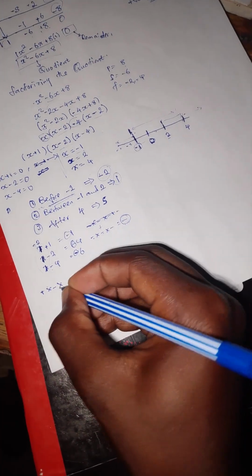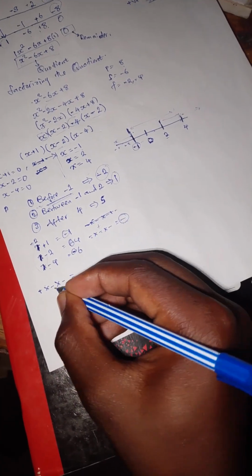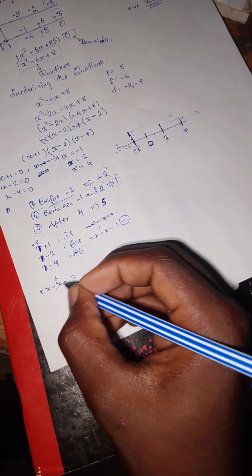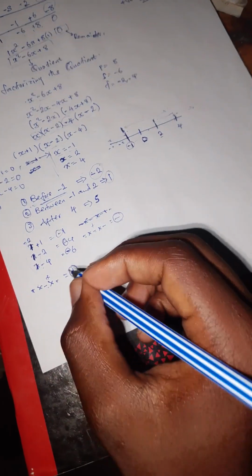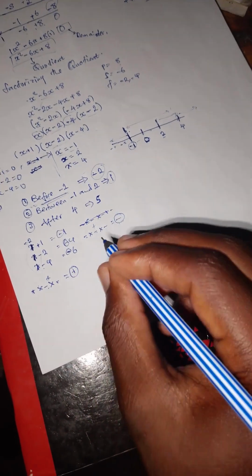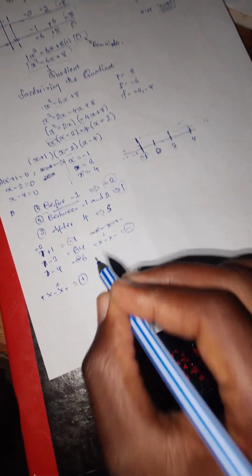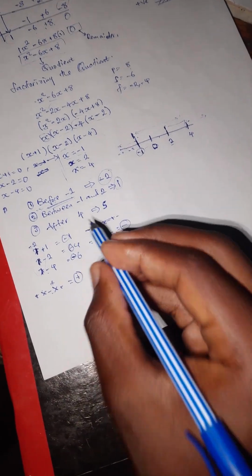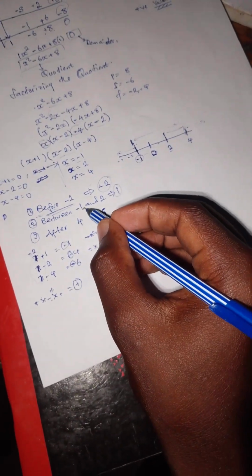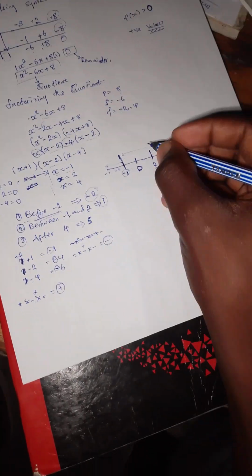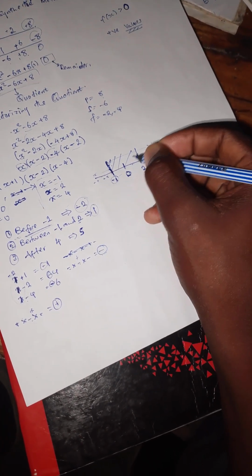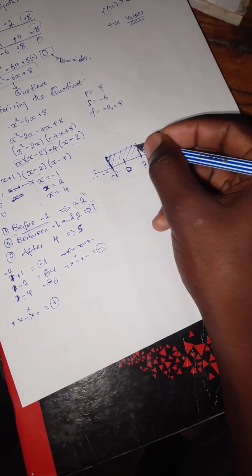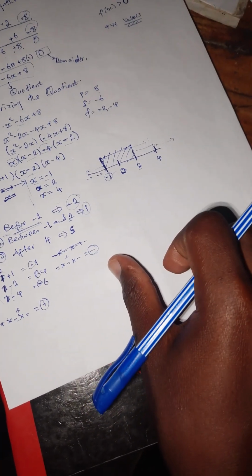So we have two negatives, and negative times negative is positive, times positive is positive. So this is one of the ranges of x that we want, the values between -1 and 2. We mark this range.